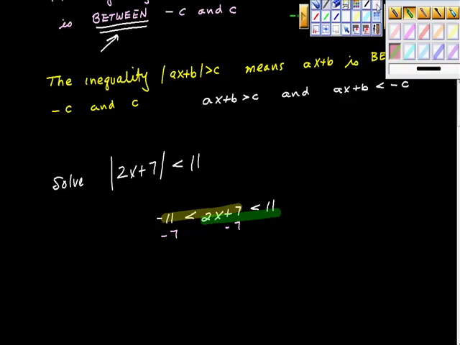All right, so negative 7 here, if you don't mind. So here we get negative 18 is less than 2x, which is less than 4, right? Going to divide everything by 2.